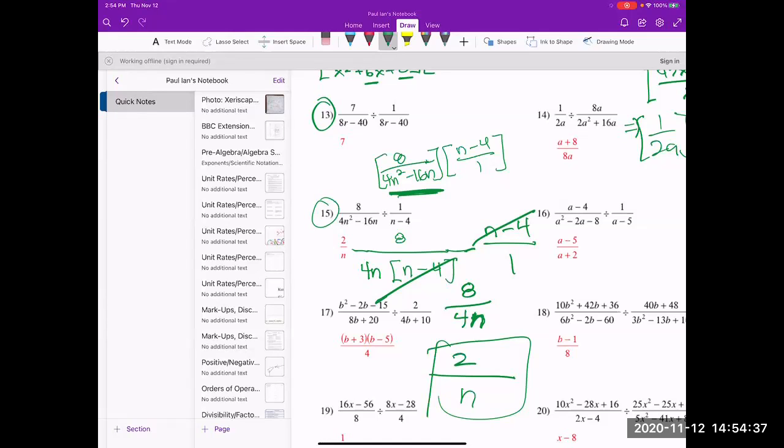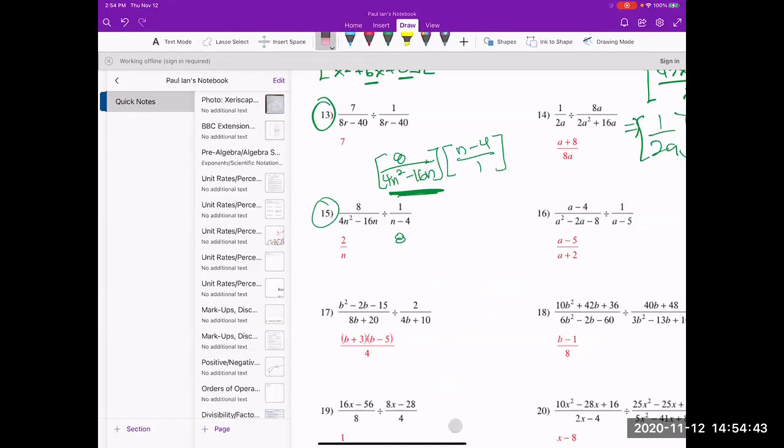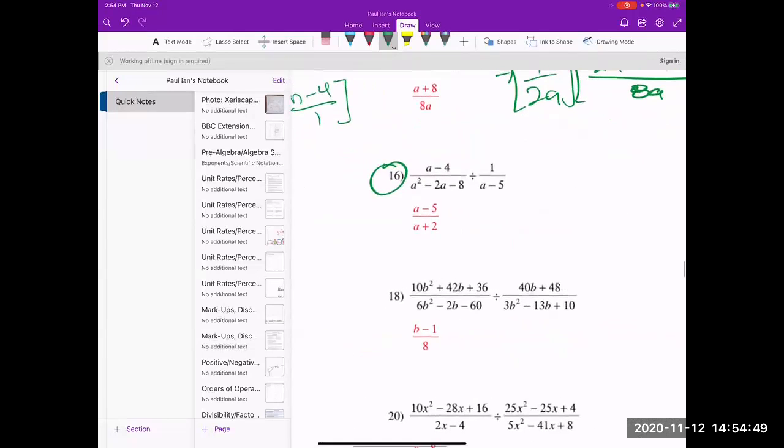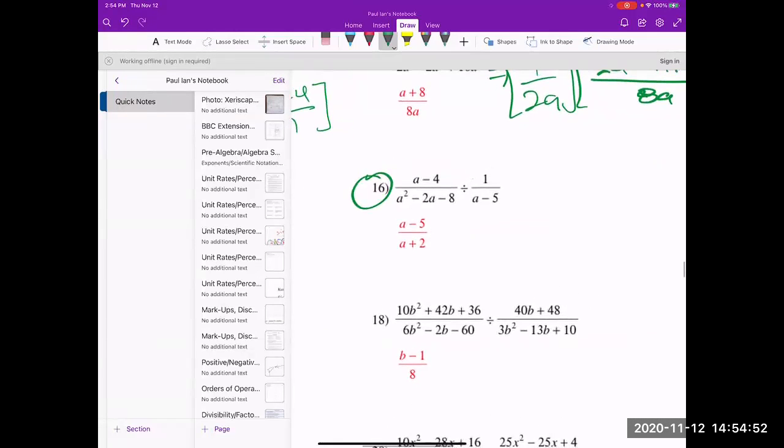All right. So okay, let's do a couple more, and then we'll move on to the lines. So let's see number 16. Okay, for this one, what's the first thing you do? Flip the terms. Okay.